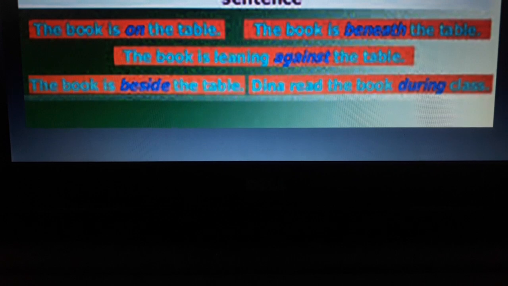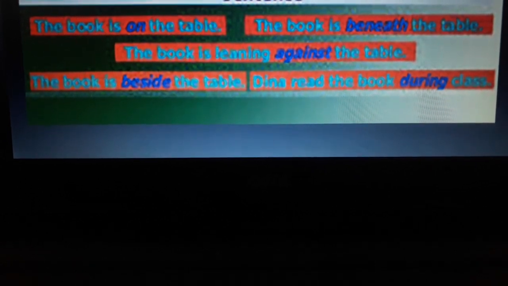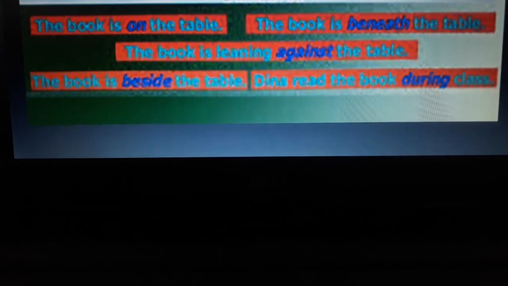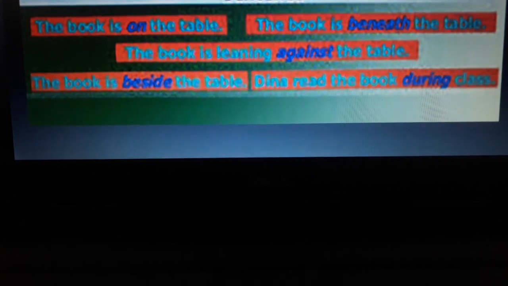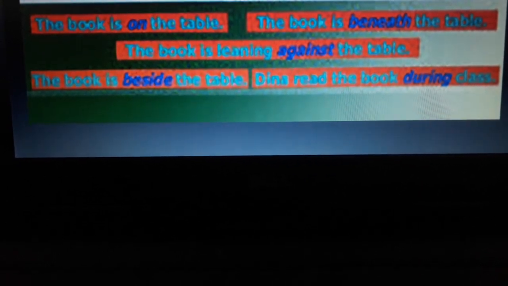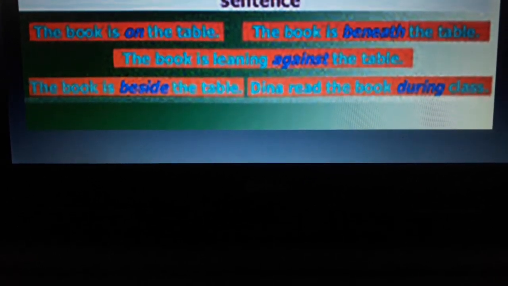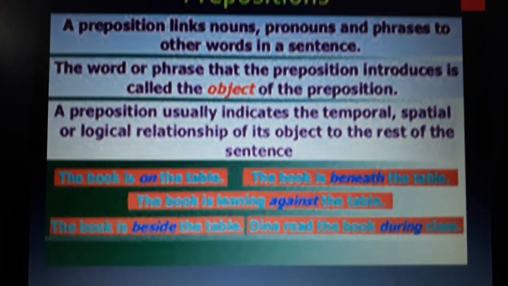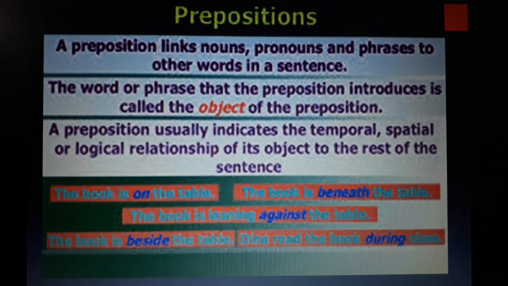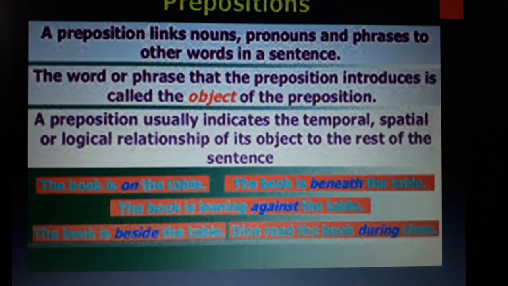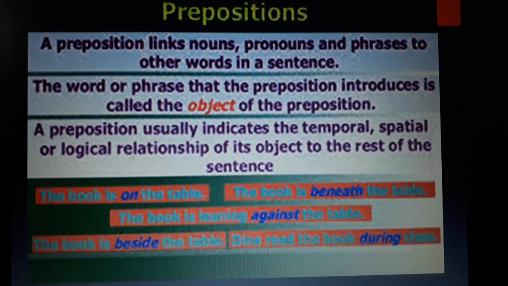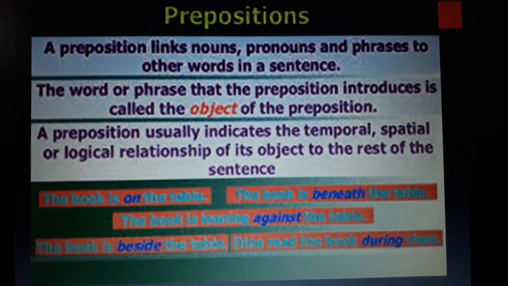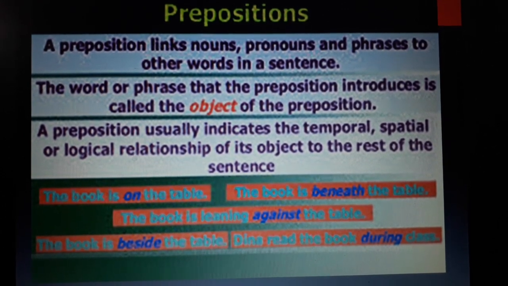Now these words function to introduce or precede the word or phrase to be connected and are called the object of the prepositions. Now let's have a look at what are prepositions. A preposition links nouns, pronouns and phrases to other words in a sentence.